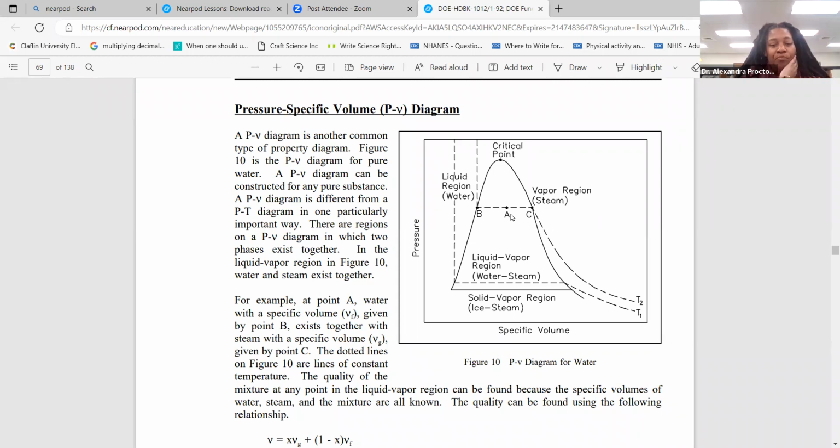Okay. And the dotted lines in figure 10 are lines of constant temperature.